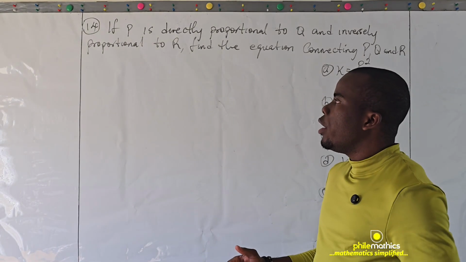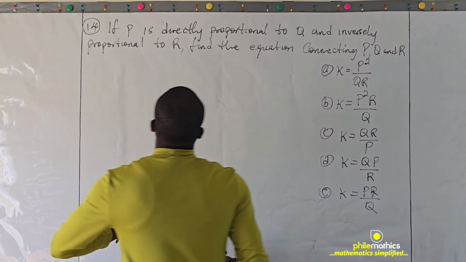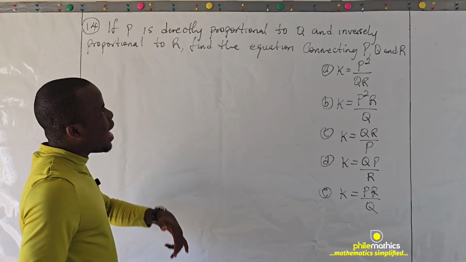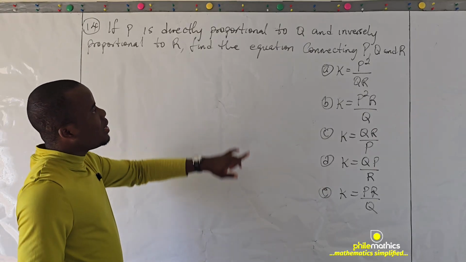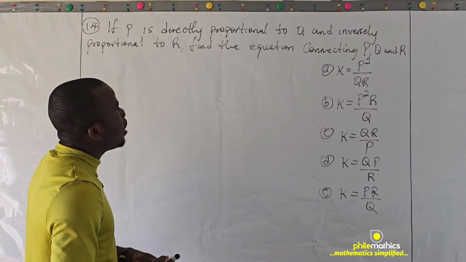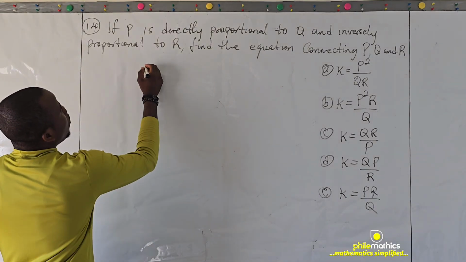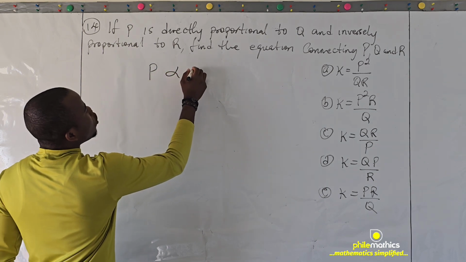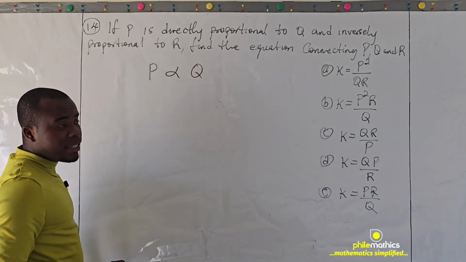We saw in the previous question how we have direct proportion, inverse proportion, and joint proportion. This is a typical example of what a joint proportion is. And so let's write P is directly proportional to Q. This is how we write it.